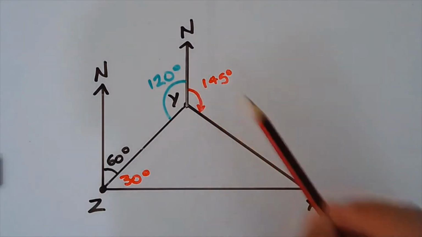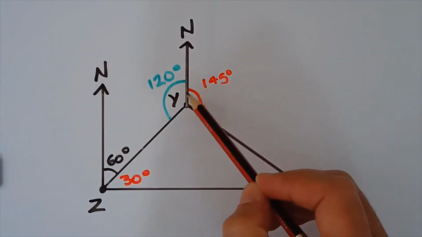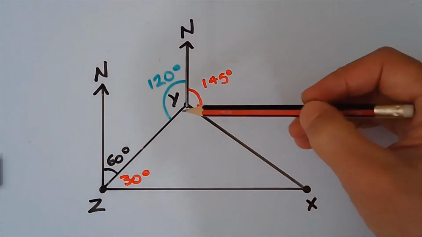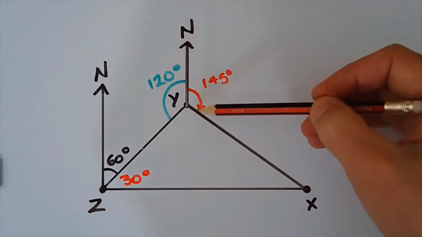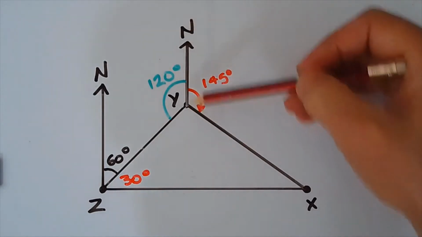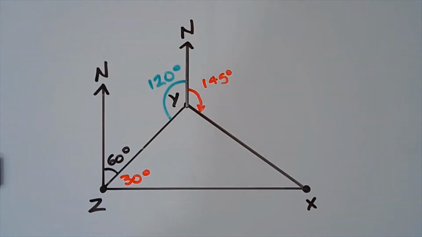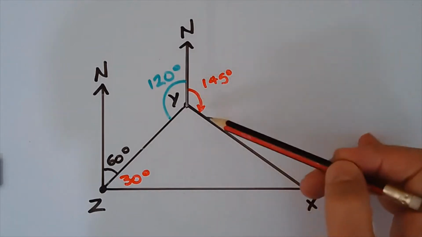Now we know that X is on a bearing of 145 degrees from Y. So I've drawn another north-south axis from Y, upwards in a northerly direction. And these two north-south axes are obviously parallel with each other. So that's 145 degrees.